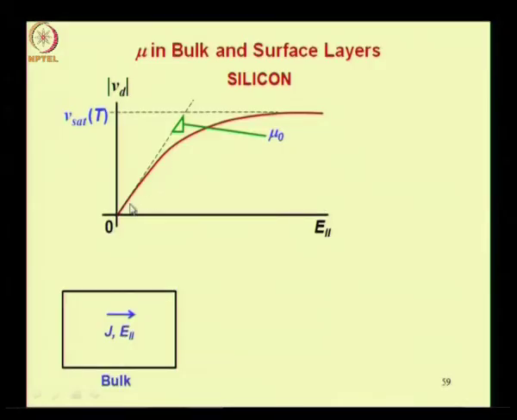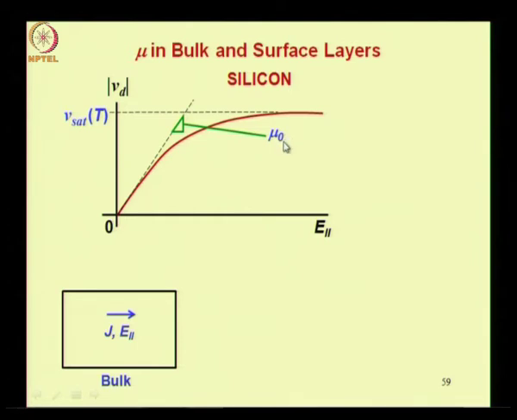Two limits of this drift velocity curve are shown here. One is the saturation limit, indicated by the saturation velocity, which we shall see is a function of temperature. The second limit is near the origin, the quasi equilibrium or ohmic region, where at low electric fields there is a straight line behavior between the drift velocity and the field, and the ratio of the drift velocity to field is denoted as the mobility, mu 0, where the suffix 0 indicates low field mobility.